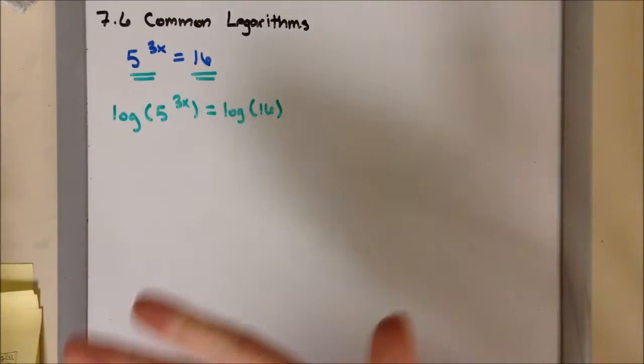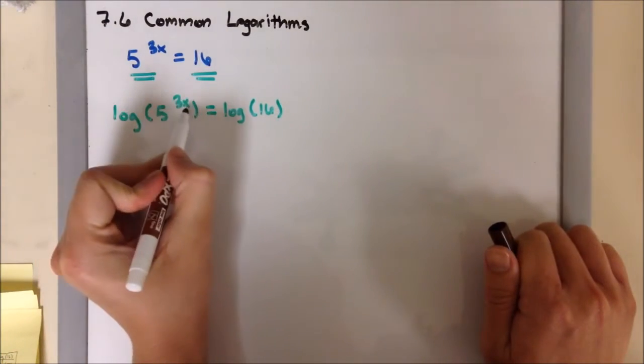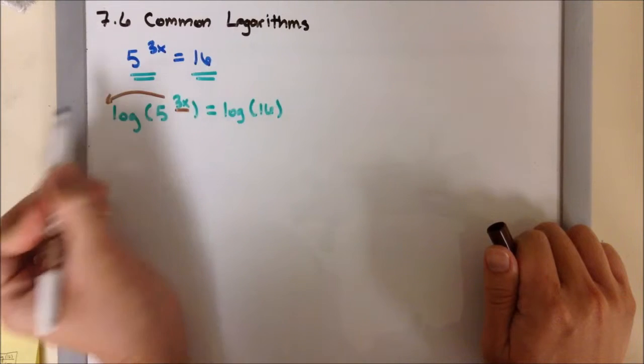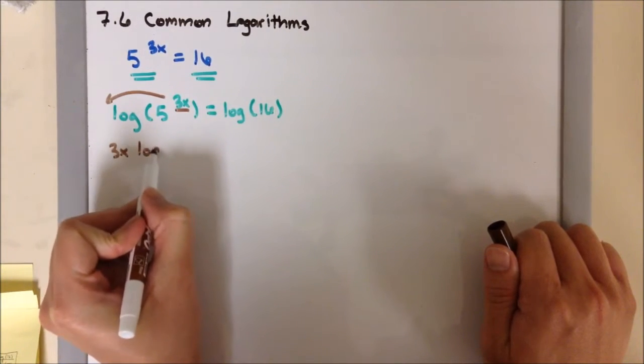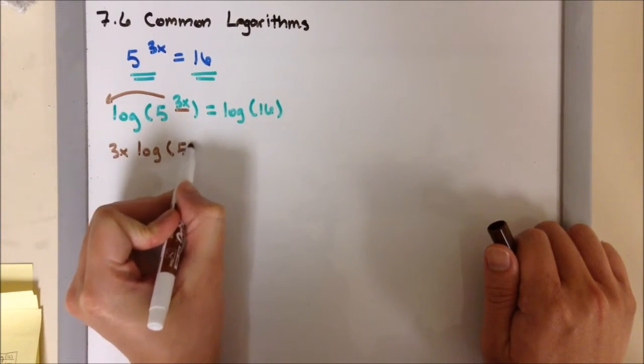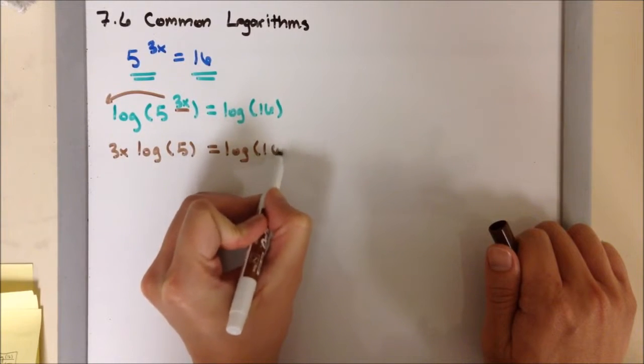After that, I'm going to use the power property. I'm going to move my exponent, which is the 3x, in front of the log. So I actually have 3x log of 5 equal log of 16.